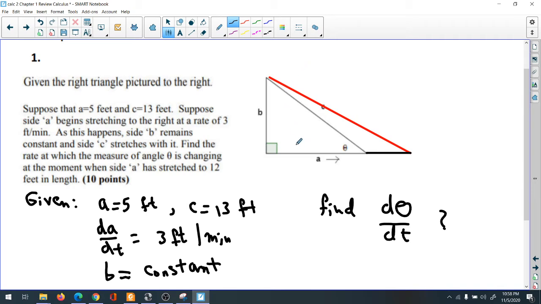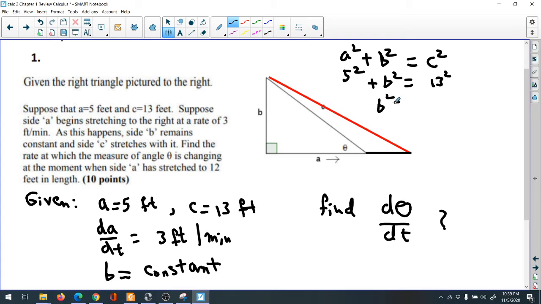First, we use the Pythagorean theorem: A squared plus B squared equals C squared. A is 5, so 5 squared, and B is unknown. C equals 13.